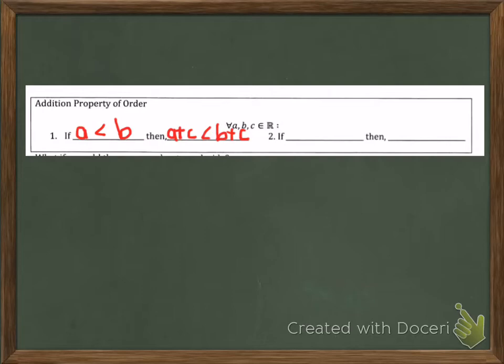And if A is greater than B, then A plus C is greater than B plus C. So it's really just stating that if you're adding the same things to both sides, then the inequality keeps its relationship.